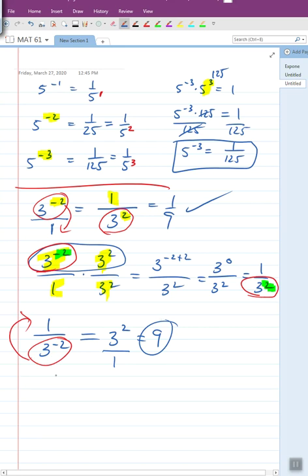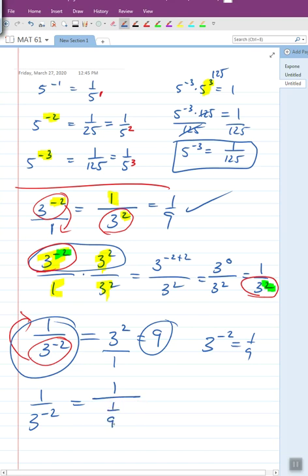And notice, again, what did we say 3 to the negative 2 is? We said it's 1/9. That means 1 over 3 to the negative 2 is 1 over 1/9. Well, what have we always said? When you take 1 and divide it by a fraction, it's the same thing as multiplying by the reciprocal of that fraction, which means I would get 9.